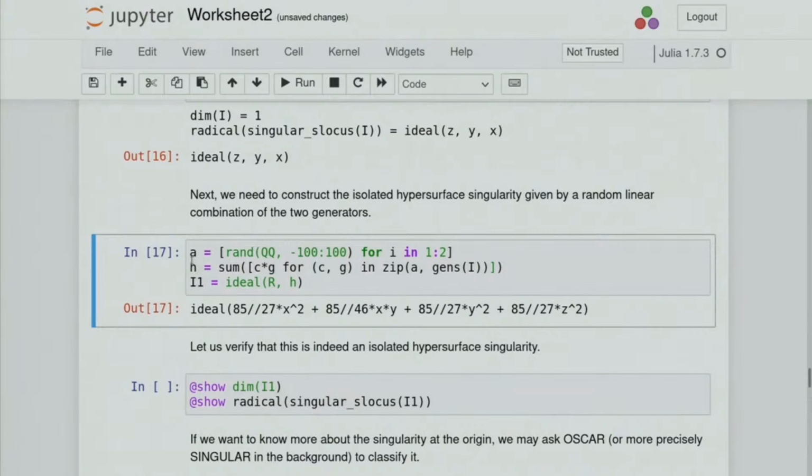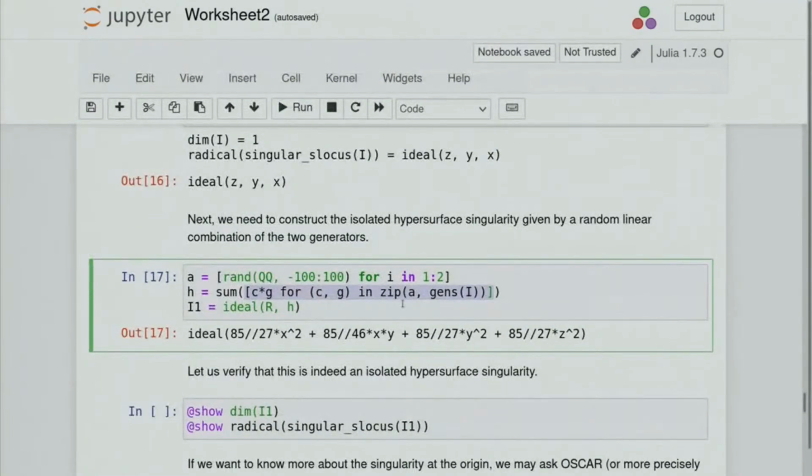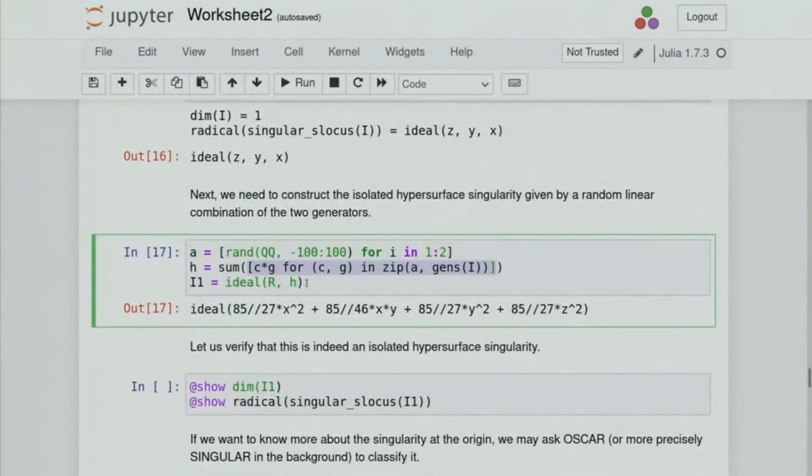So what do we see here? H is a sum of a vector, and it multiplies C with G, where C runs through this random vector from before, and G runs through the generators of I. And then we should get the same ideal as before, only with different generators.